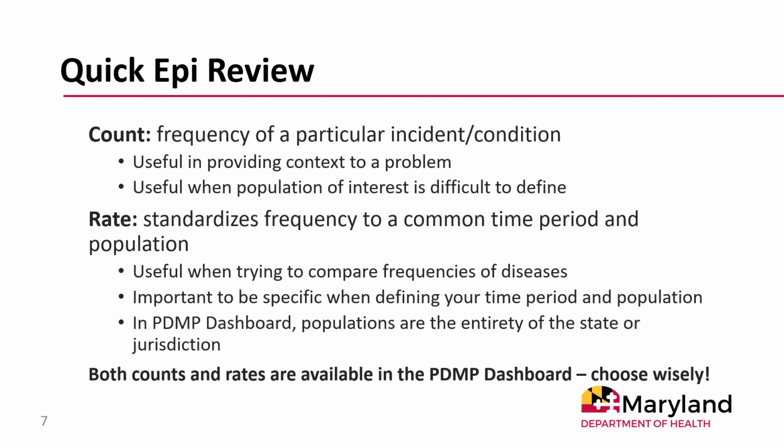This is useful when trying to compare frequencies of disease. It's important to be specific when defining your time period and population. In PDMP dashboard, populations are the entirety of the state or jurisdiction. Both counts and rates are available in the PDMP dashboard, so choose wisely.